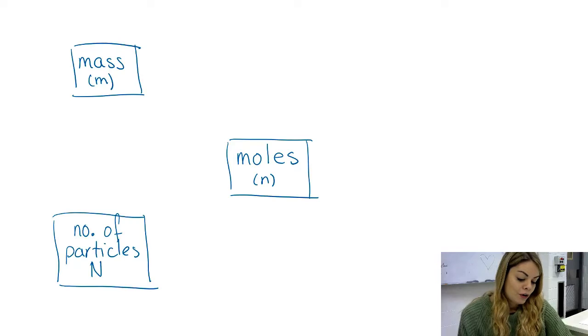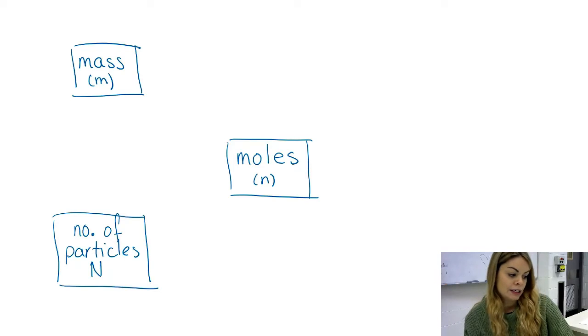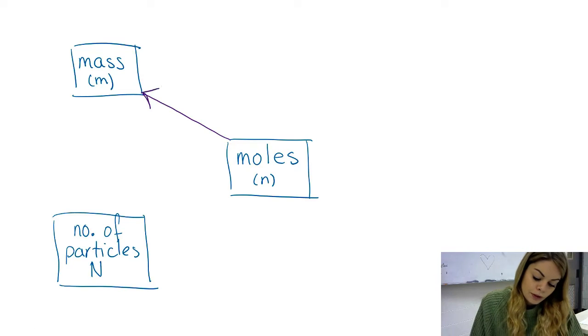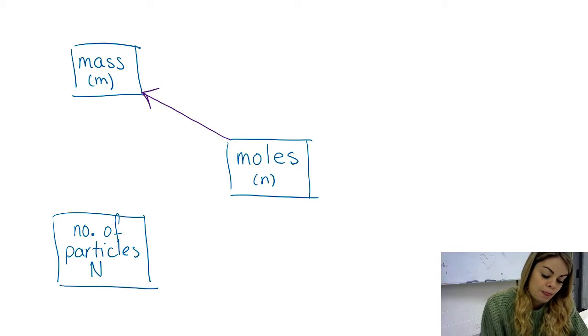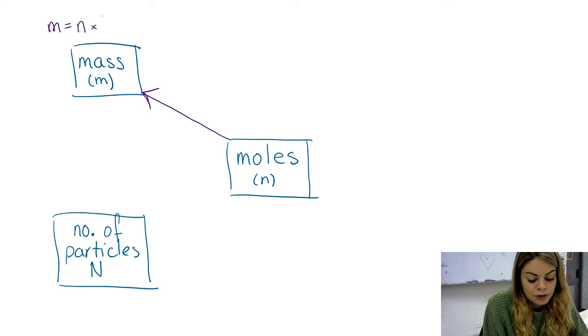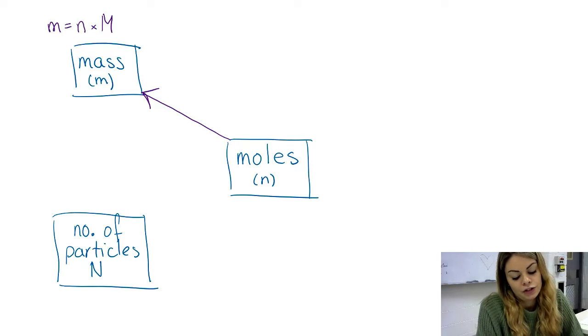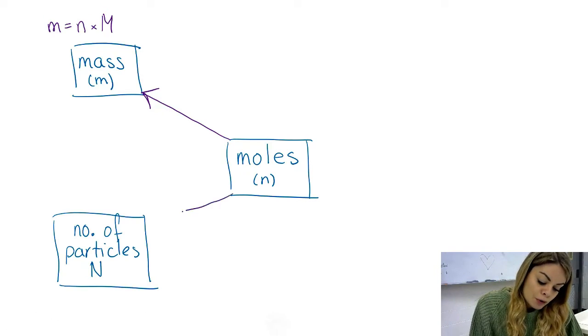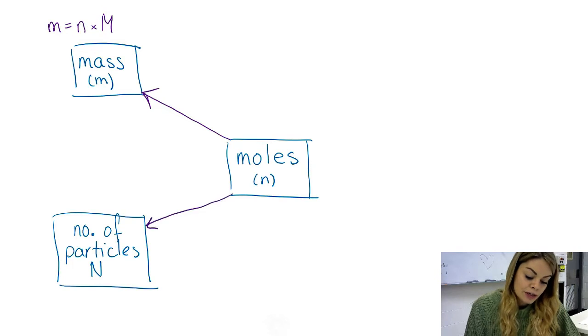Now, we know that the formula to go from moles to mass, we need to do the mass is equal to the number of moles times the molar mass. And that's just rearranging the formula that's on your formula sheet, which is n equals little m over big M. Okay? To go from moles to the number of particles, now I'm just rearranging the other formula.